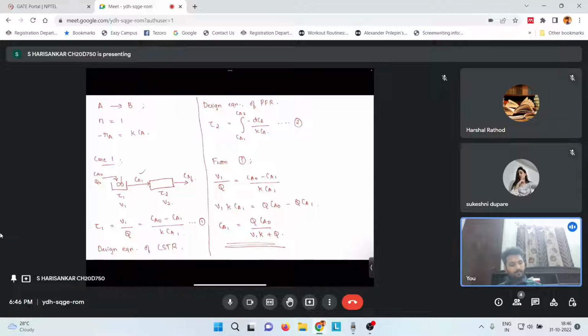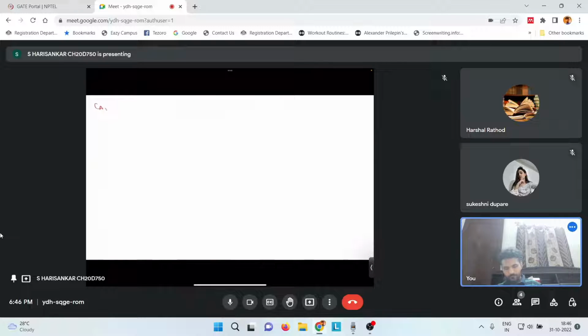Let's say we divide the numerator and denominator by Q. So this can be written as Ca0 by (V1 by Q into K plus 1). And what is this V1 by Q? That is basically tau1, right? So Ca1 will become Ca0 by (tau1 K plus 1).